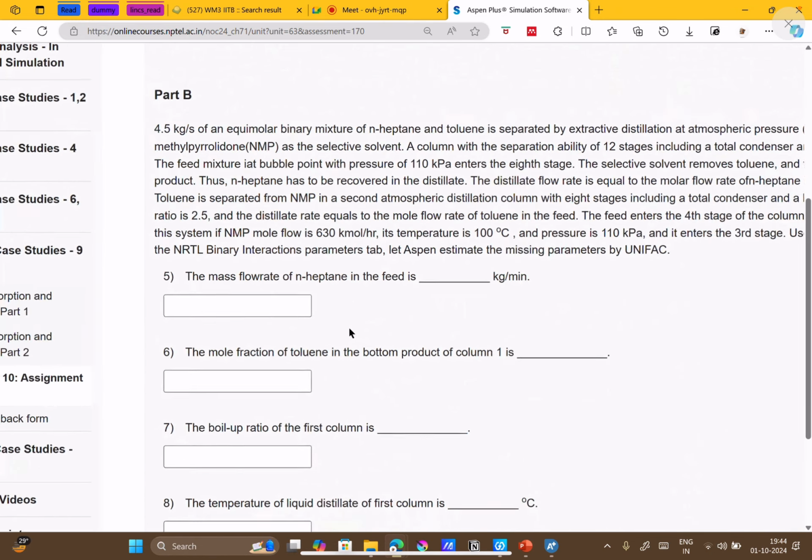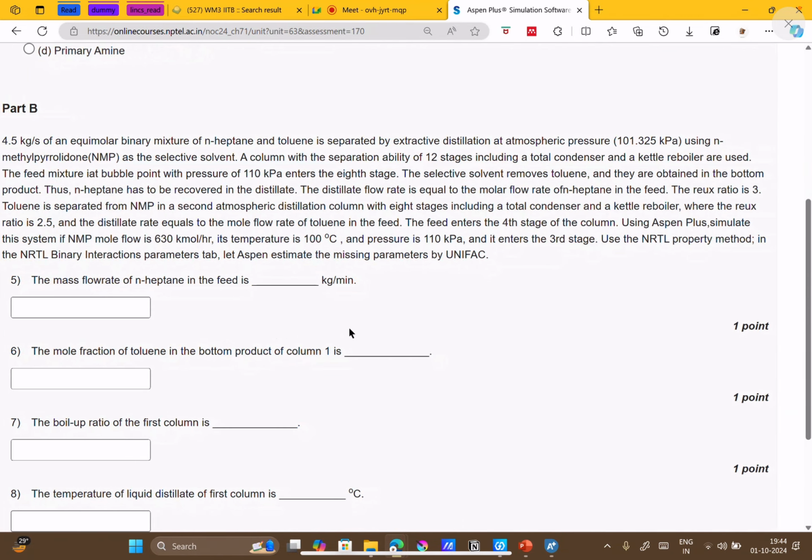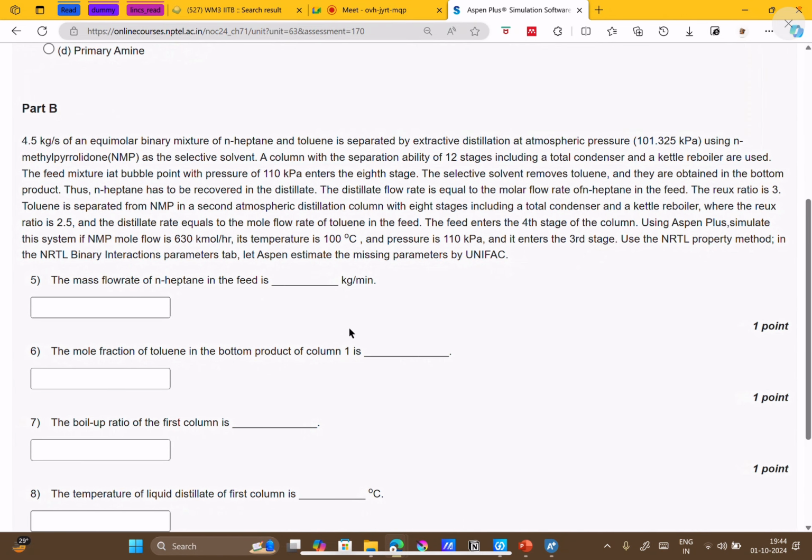Okay, so we have 4.5 kg of an equimolar binary mixture of n-heptane and toluene separated by extractive distillation at atmospheric pressure, using NMP as a selective solvent. For the extractive distillation, a column with a separation ability of 12 stages, using a total condenser and kettle reboiler, is used.